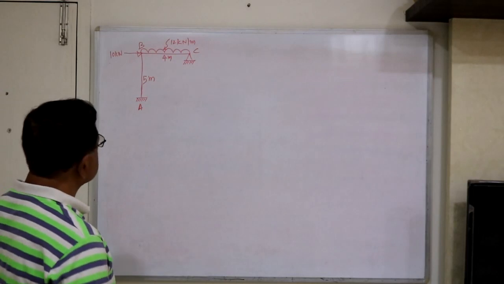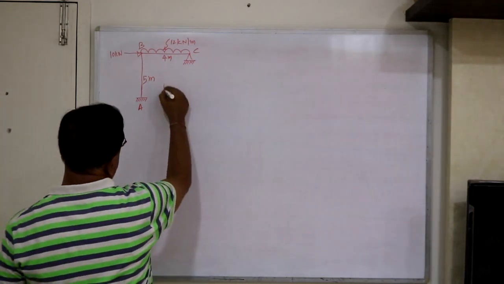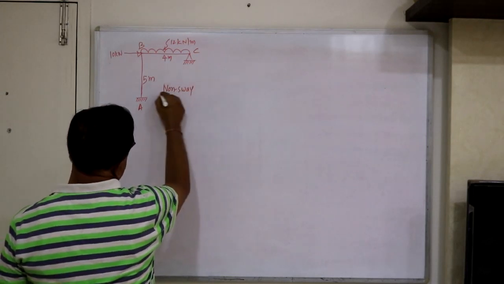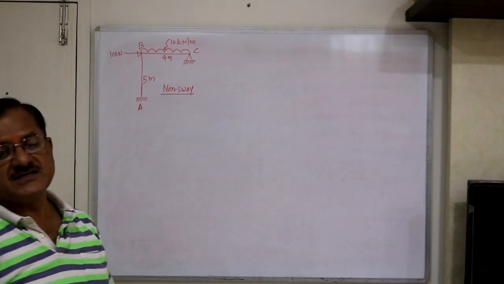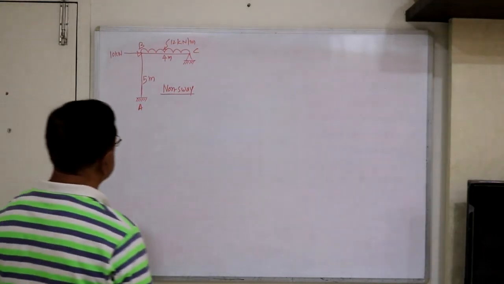So what are the unknowns? Theta B and theta C. So what type of frame is this? Remember, this is non-sway, because at C there is a hinge. If roller is there, then it would have been a sway type frame.